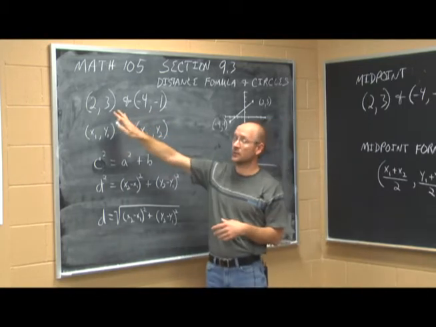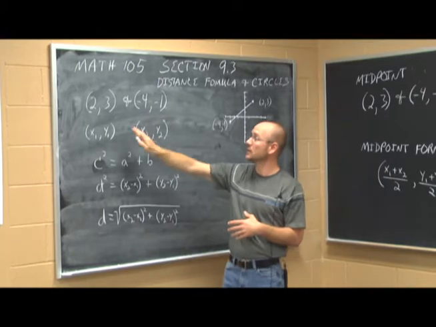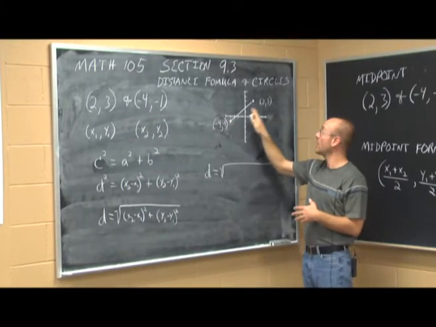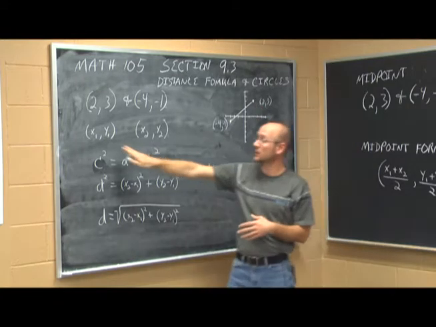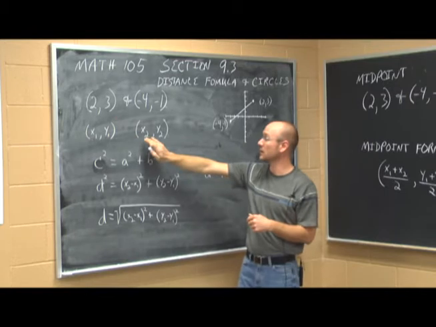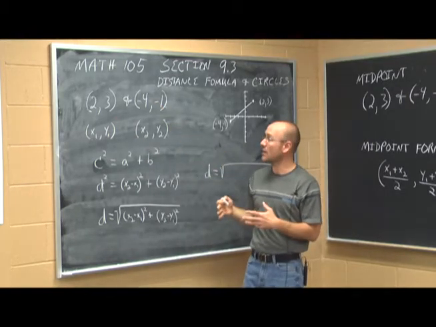Now, if we're given 2 points, we can find the distance between those 2 points because every point has an x value and a y value. We're going to call these x1 and y1, and x2 and y2 are the other two values for that point.